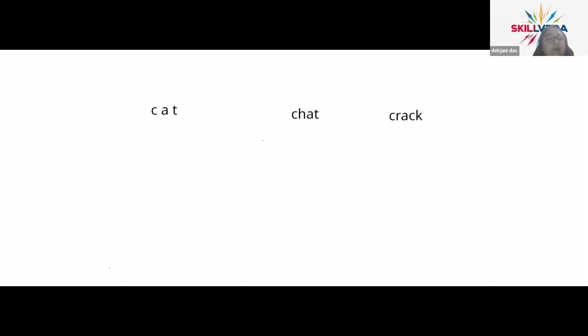How many letter sounds can you hear? Now ask them to put a dot. K. Then a. Then t. So now you ask them how many sounds you can hear. They will say k, a, t. So three sounds.